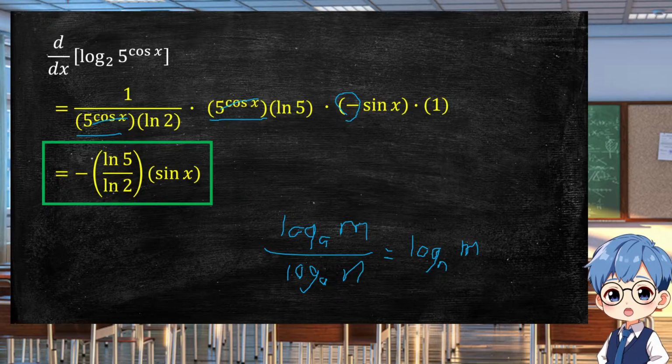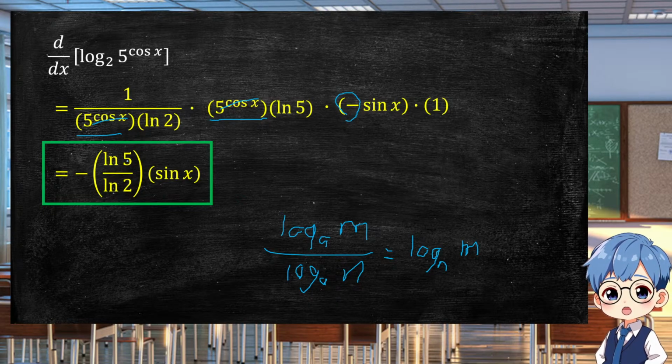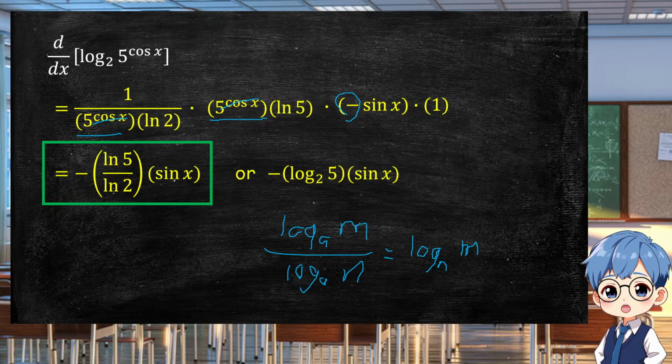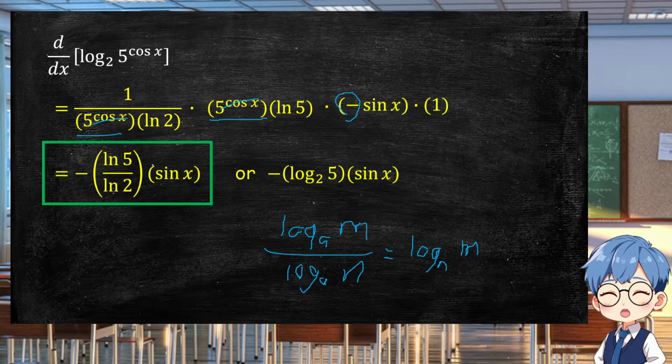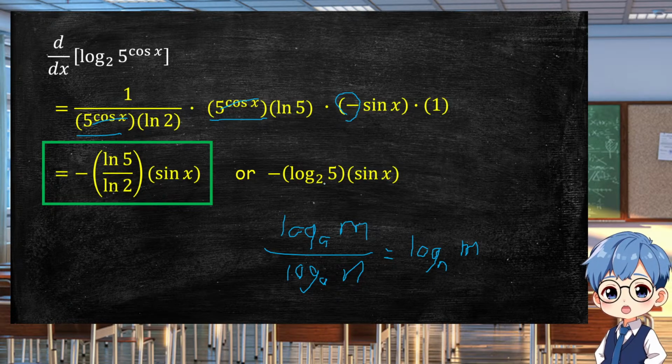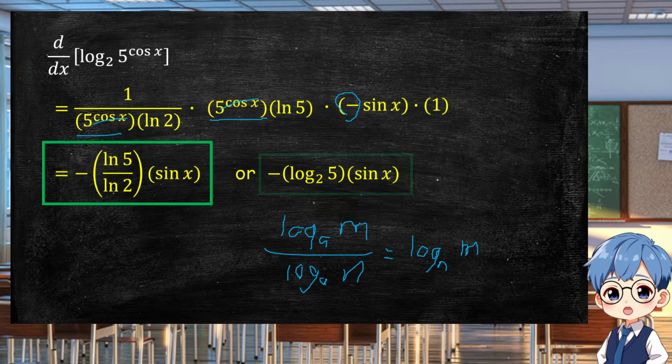So in this case, they have the same base, because the base of ln is e. So we can rewrite this one as log to the base 2, because again, our n here is 2. Our m is 5. So we have negative log to the base 2 of 5 times sine x. So we can also have this one as our final answer.